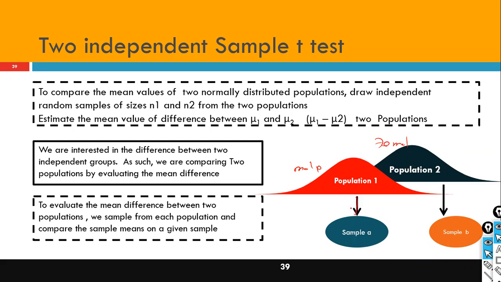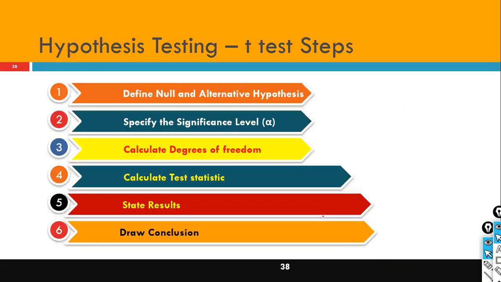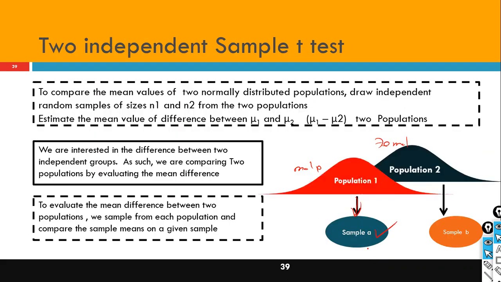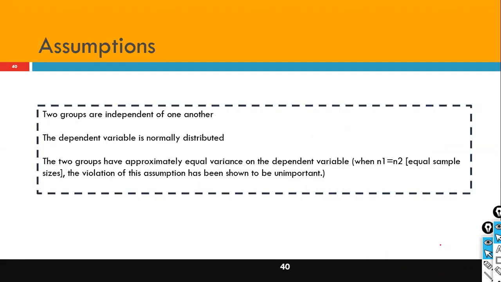Instead, we draw a sample from population 1, I call it sample A, and a sample from population 2, I call it sample B. To evaluate the mean difference between two populations, we sample from each population and compare the sample means. In this sample, what is the average amount spent by male? What is the average amount spent by female? We compare them and then we decide.